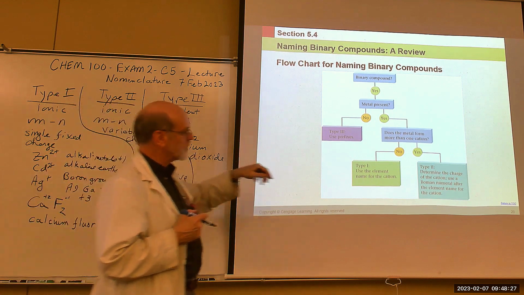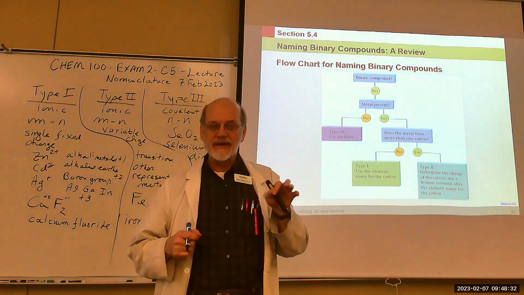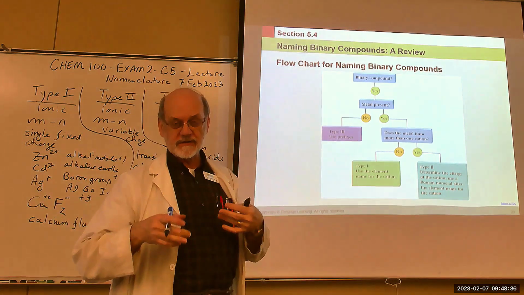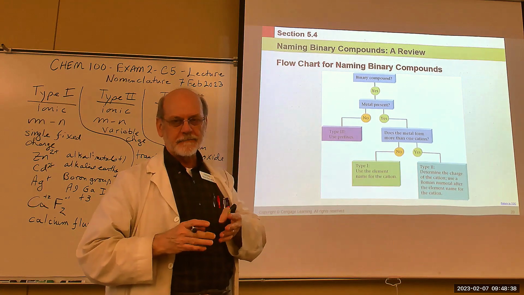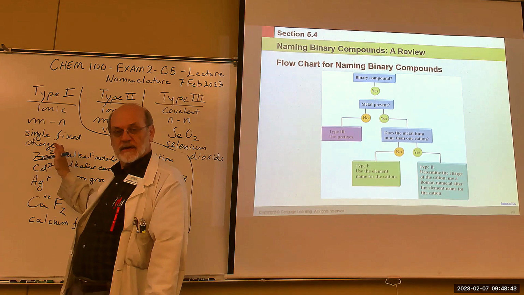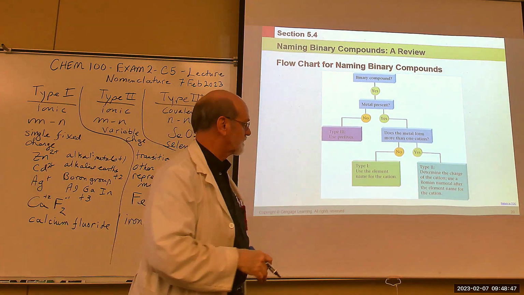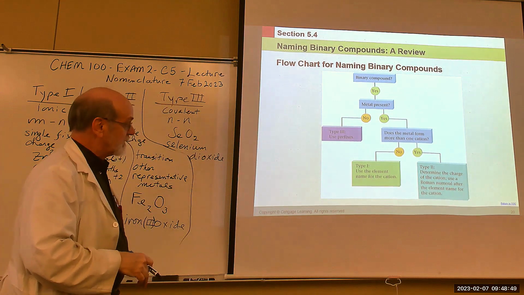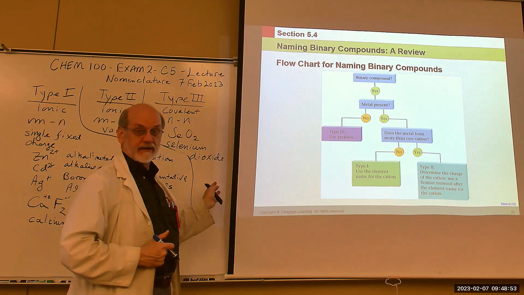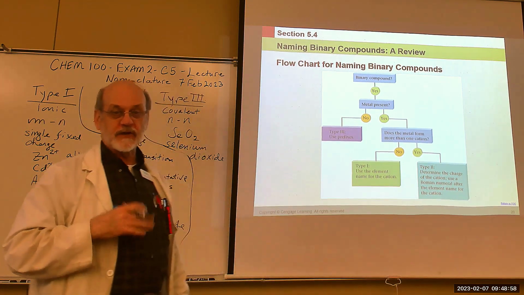If you're 1 or 2, then you have to decide, does that metal possess the possibility for multiple charges, or is it fixed charge? If it's a fixed charge, you go to type 1. If it's a multiple charge, you go to type 2. And if it happens to be a nonmetal and a nonmetal, you'll automatically go to 3. So that's your decision process for naming compounds.